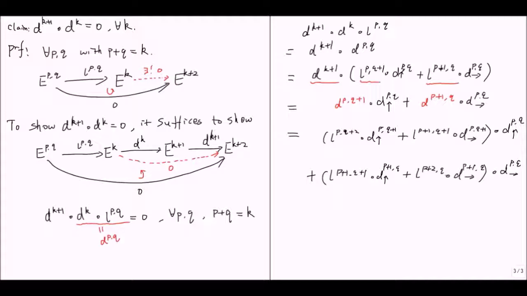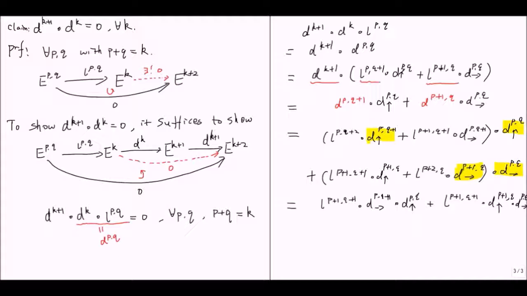This map cancels with this map after composition, and this map with this map, because they are arrows in vertical complexes and horizontal complexes. So this gives us the sum of two terms in the middle.